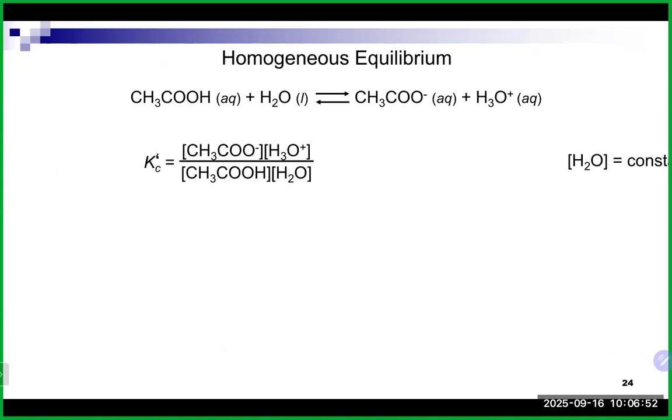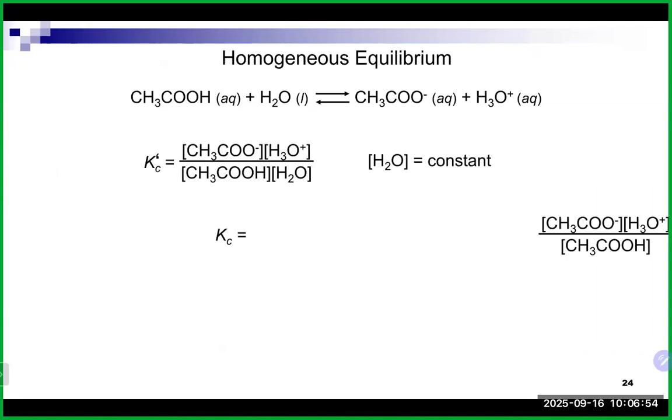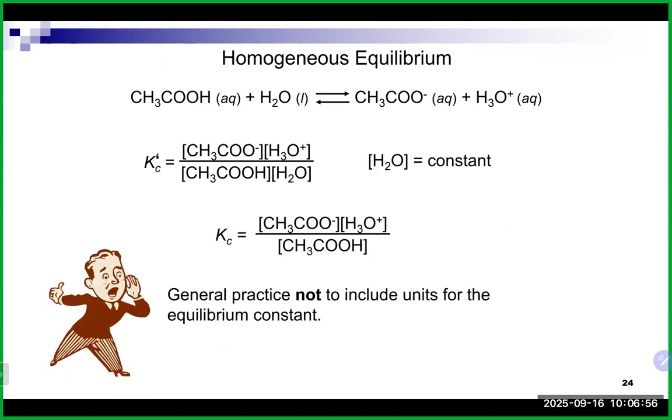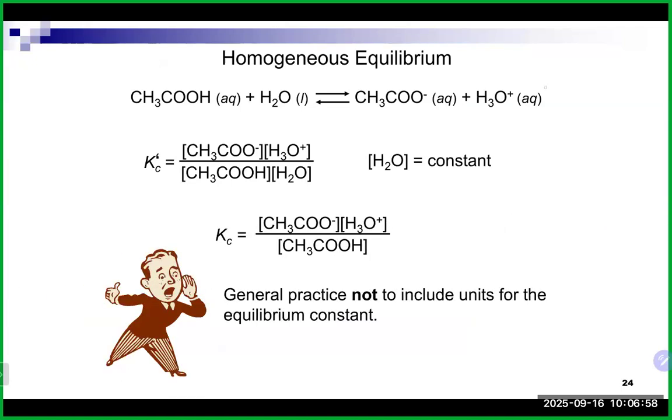Now, in a homogeneous mixture, there are a couple of things that do occur. If we look at this reaction here and we were to write the equilibrium constant expression, like we've been talking about, where we take products over reactants, we would take the acetate times the hydronium divided by the acetic acid and the water. Now, water here, though, is a pure liquid.